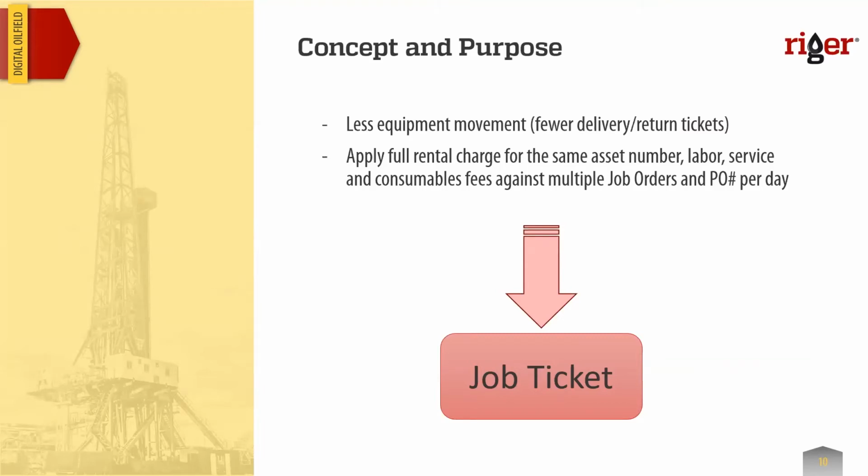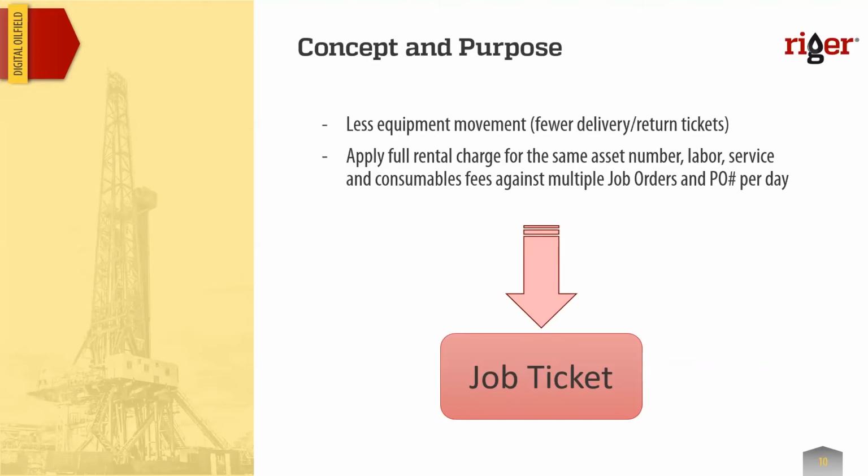And the second purpose is to have the ability to invoice the same asset number throughout the day multiple times and with a full rental charge. The RigER software has lots of different scenarios for how we can generate invoices.